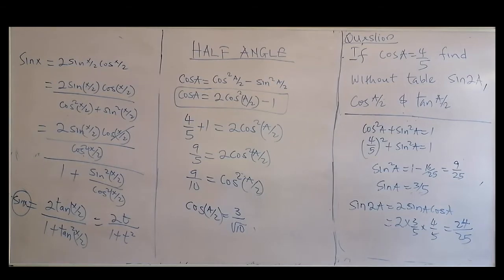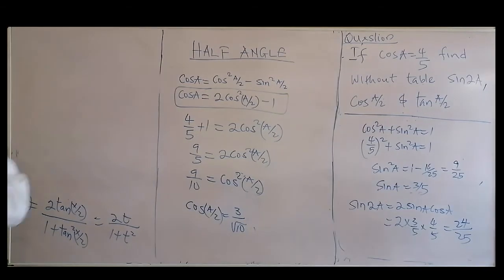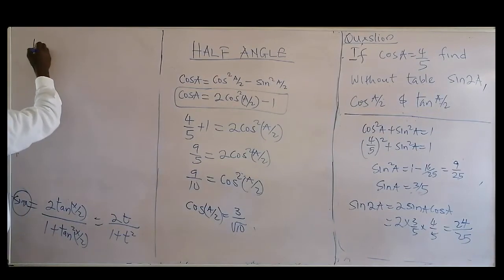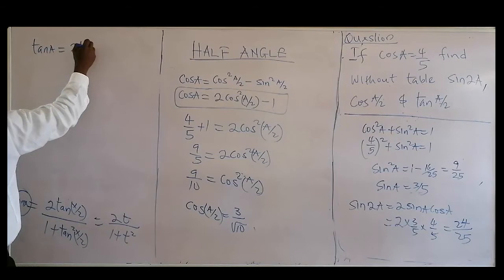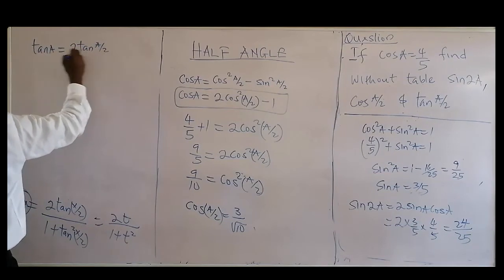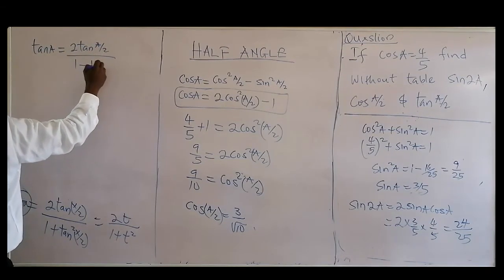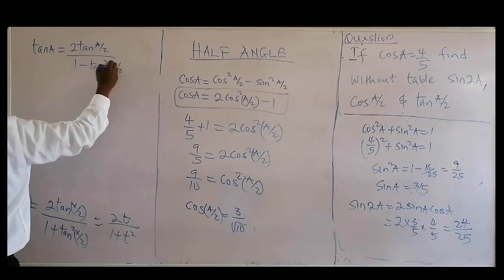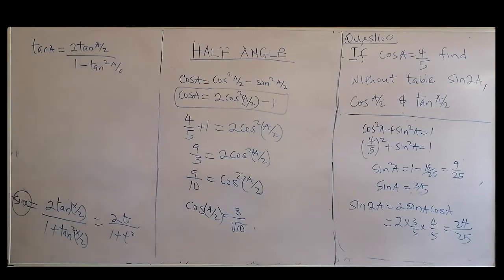So then let's get tan A over 2. To get tan A over 2, that means we are going to use tan A is equal to 2 tan A over 2 over 1 minus tan square A over 2. Do we have a value for tan A? We can get that quickly.